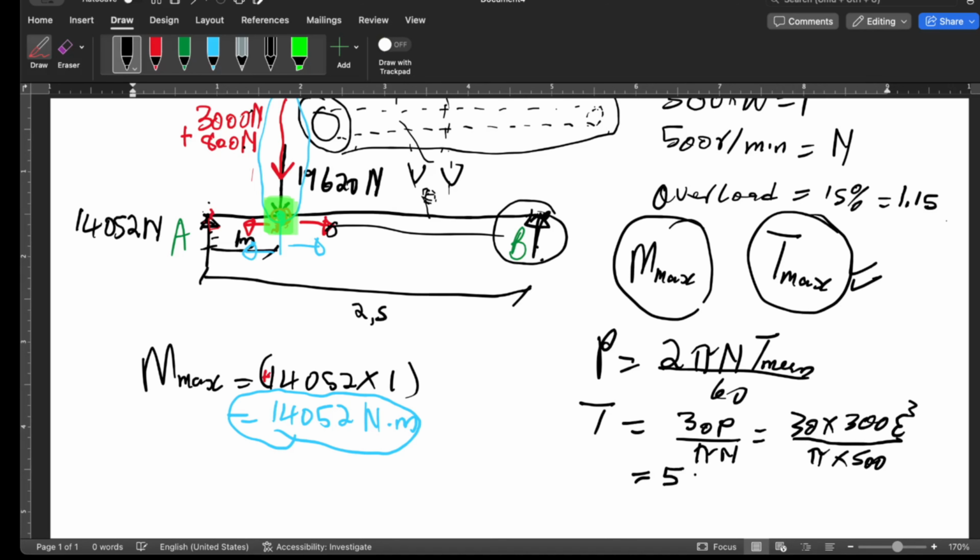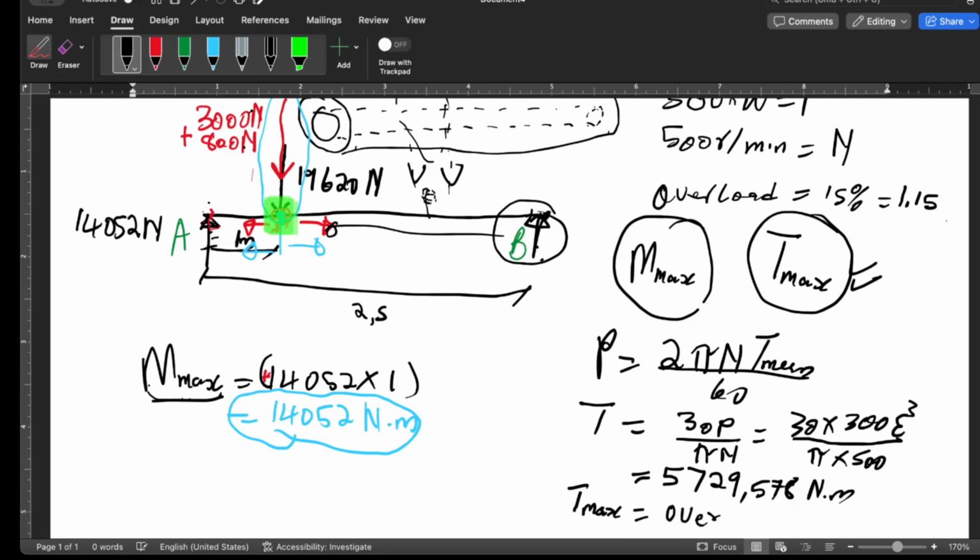5,729.578. This one is our T mean. If you check our maximum bending moment and torque, they have the same SI unit, so meaning we are able to combine them easily at the end. Our T max is equals to what?